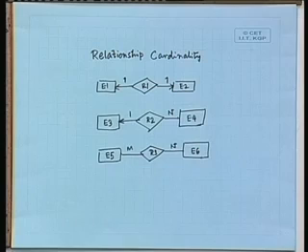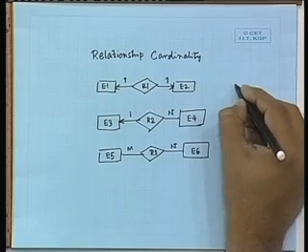So, some examples. There are three kinds of relationship cardinality: 1 is to 1, 1 is to n, and m is to n.